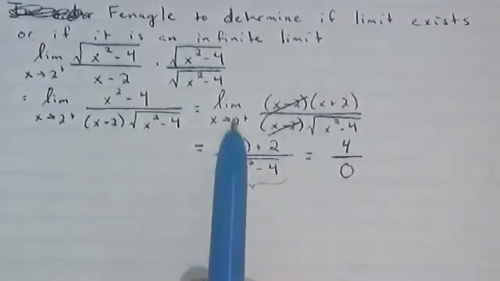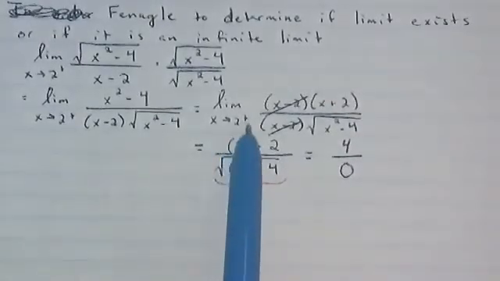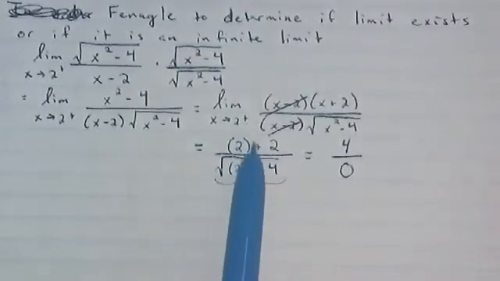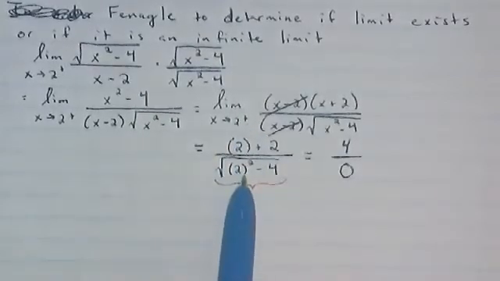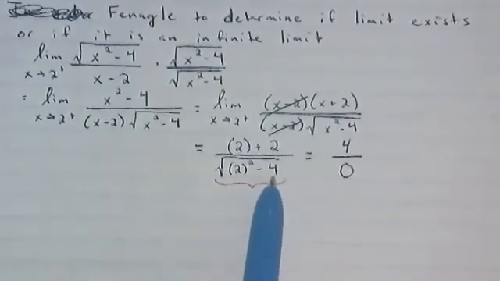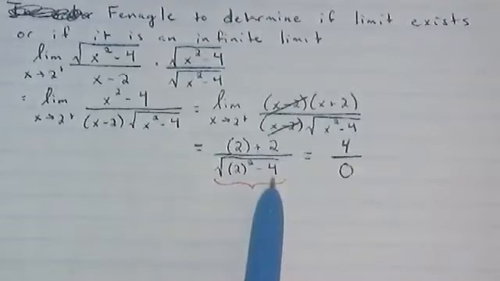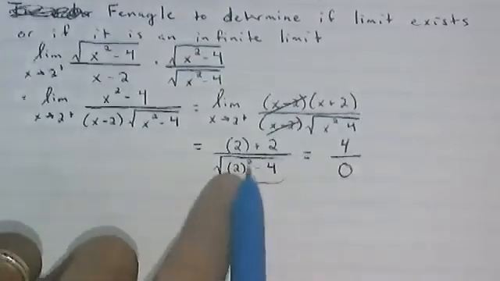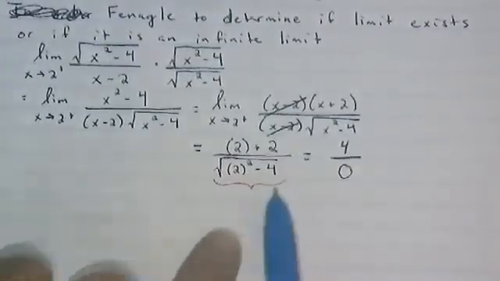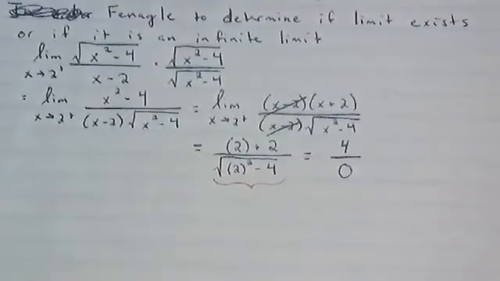Recall, we are approaching 2 from values ever so slightly larger than 2. When you square something ever so slightly larger than 2, how does the result compare to 4? Ever so slightly bigger. And so when we take a number ever so slightly bigger than 4 and take 4 away, you have a positive number.